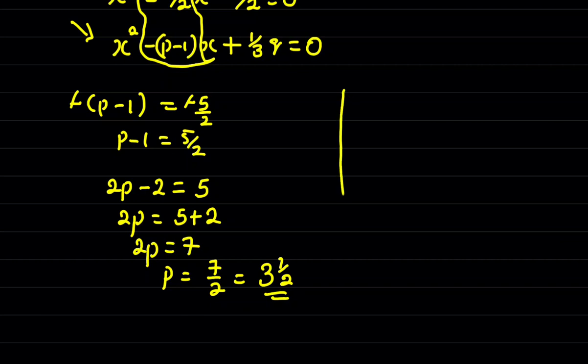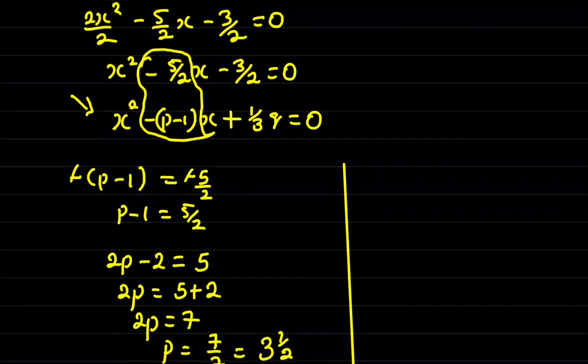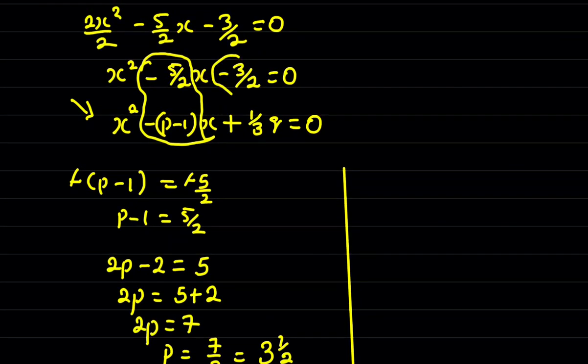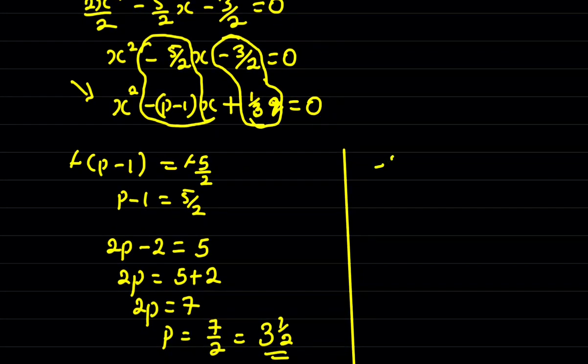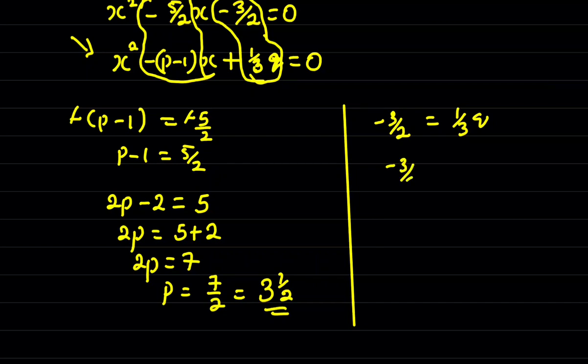Then let's move ahead to see if we can find our q. Look at this. Here is 1 over 3q. So the constants are the same. So we have minus 3 over 2 is the same thing as 1 over 3q. So minus 3 over 2 equals q over 3.